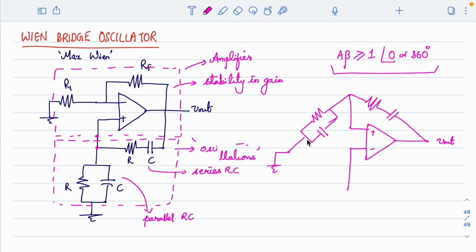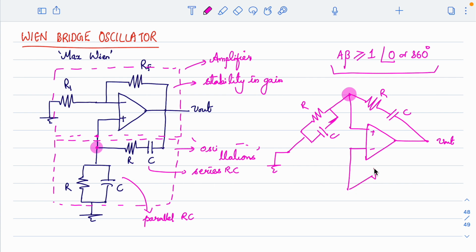Alright, now look at the other two branches. So what we have done is, this is RC, this is also RC, and this point is this point. So let me mark this node here, so we will know this is this node. Now look at the minus terminal. From the minus terminal to output you have this resistance RF.